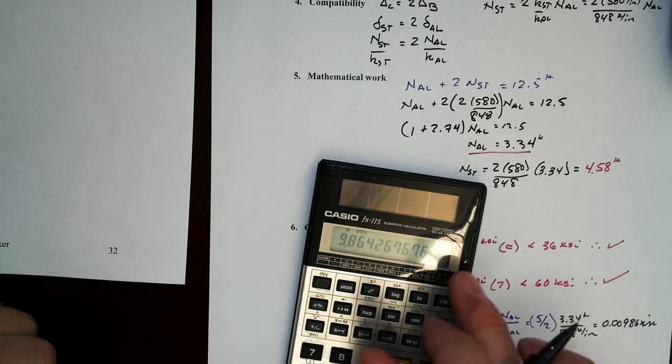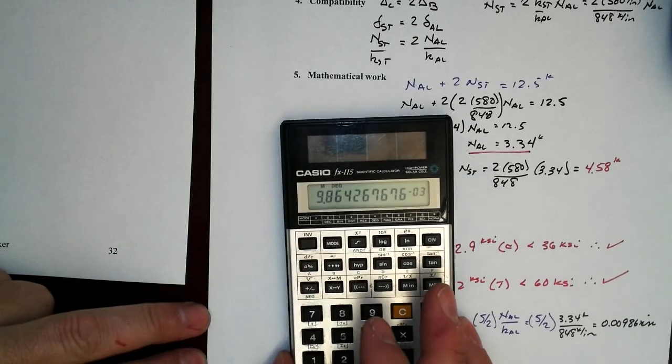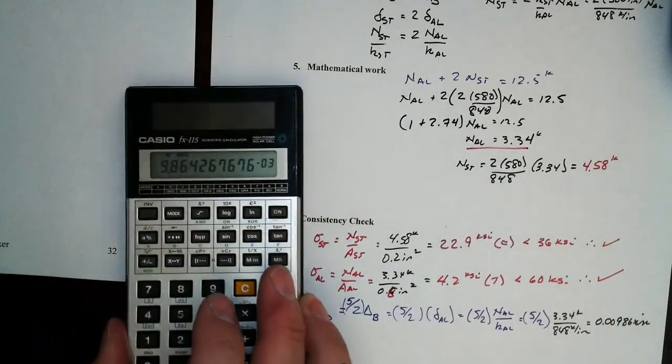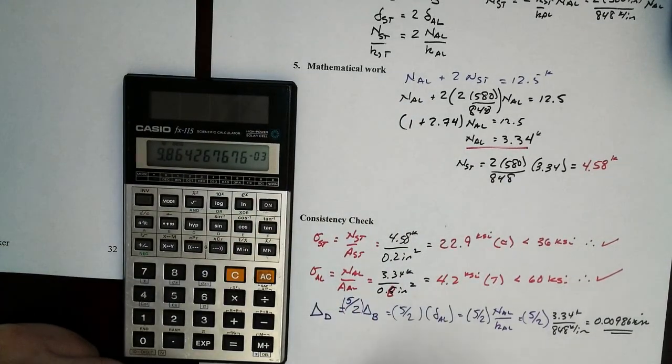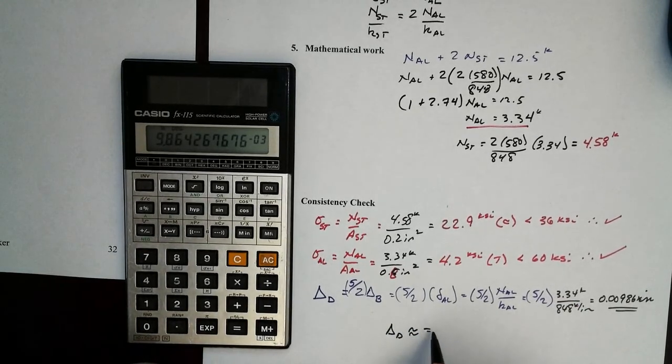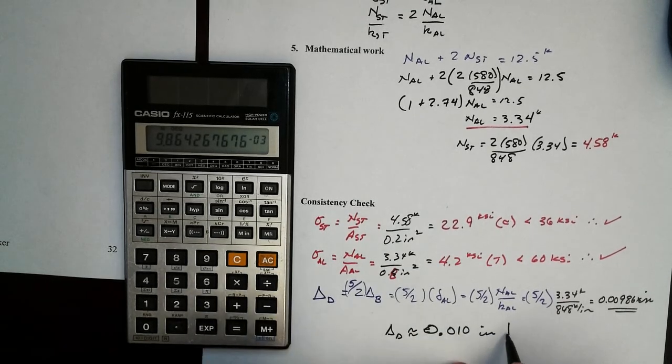I already got the times 10 to the minus third in there already taken care of. So about 1/100th of an inch is the displacement. So delta D is approximately 0.01 inch going downwards.